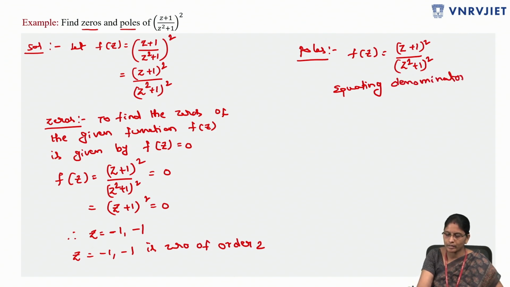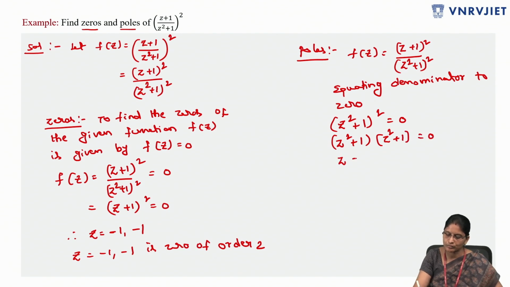Equating denominator to 0, we get z square plus 1 whole square is equal to 0. z square plus 1 whole square means it can be written as z square plus 1 into z square plus 1, which is equal to 0.